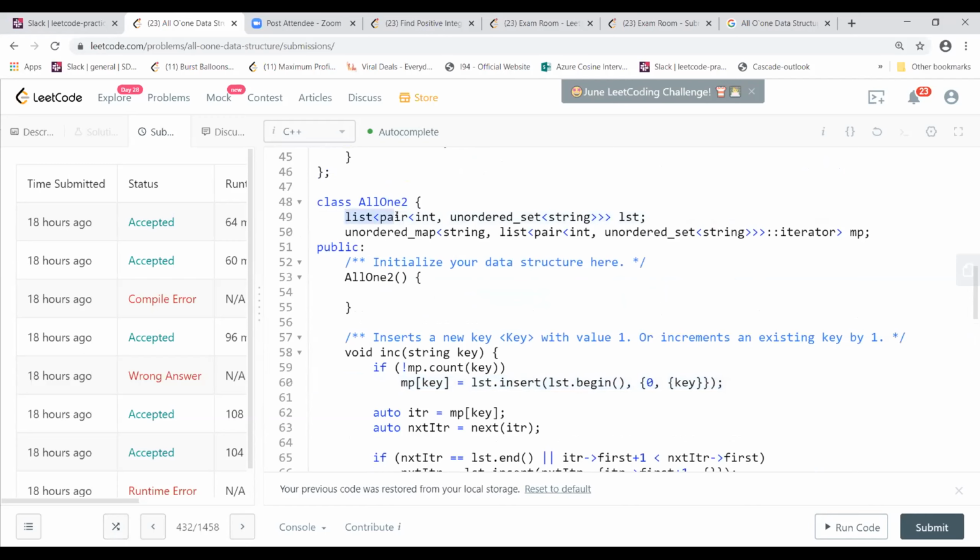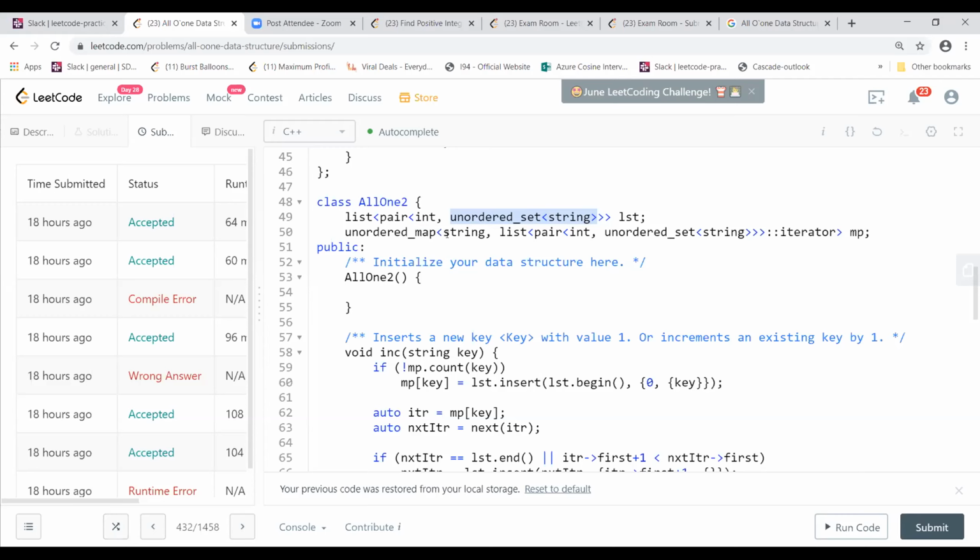So the list is actually a list of pairs, and this is my count. And this is the keys that I'm going to put in an unordered set. So this will be a bucket, and then I'm going to put all the keys for that particular bucket.